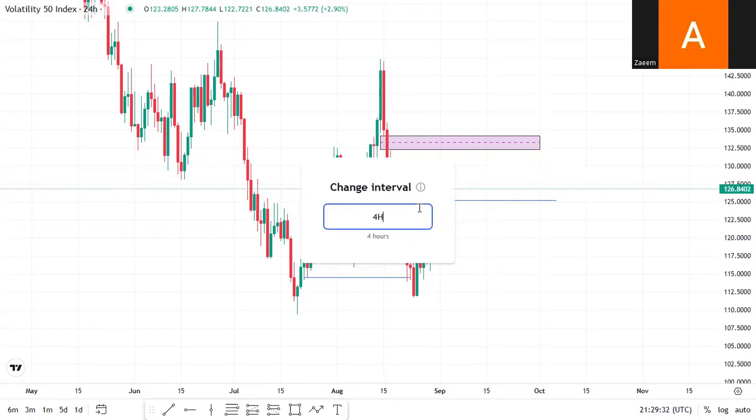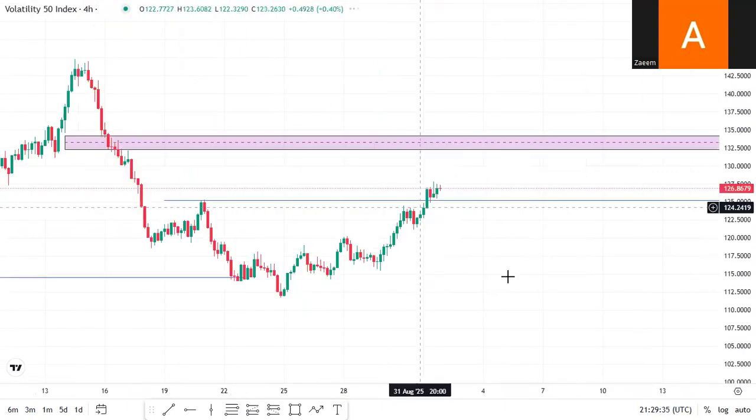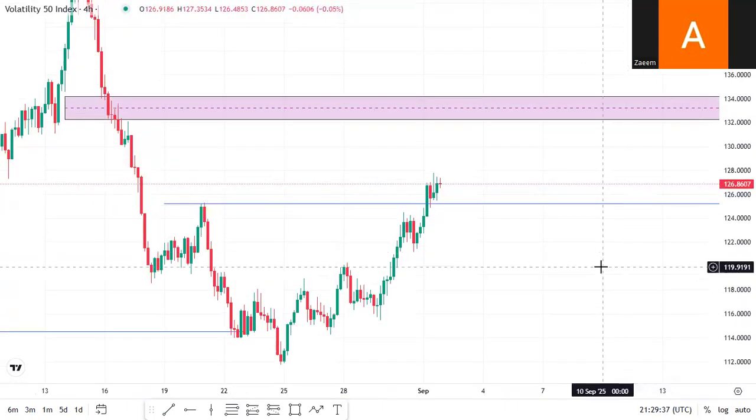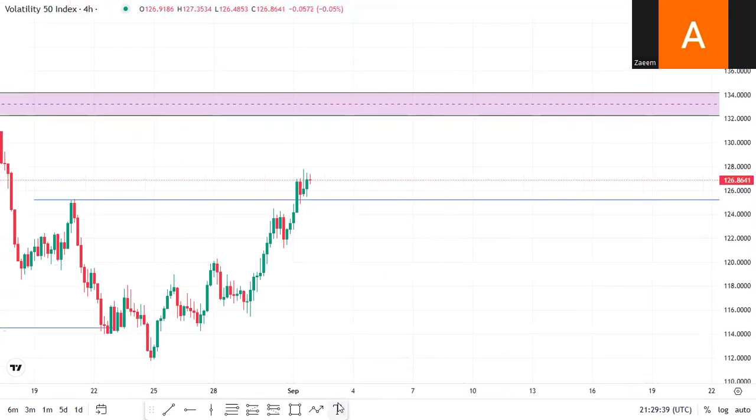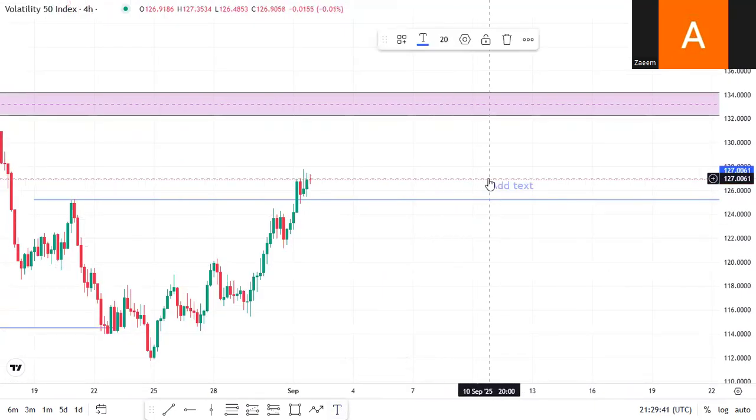What am I looking at? Very simple, as I've shown you before. So I need a higher time frame level for my bias, right? In this case, I'm looking at the 4-hour fair value gap. Then the second one is time frame alignment.